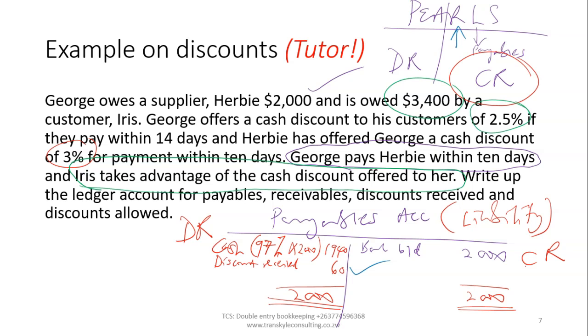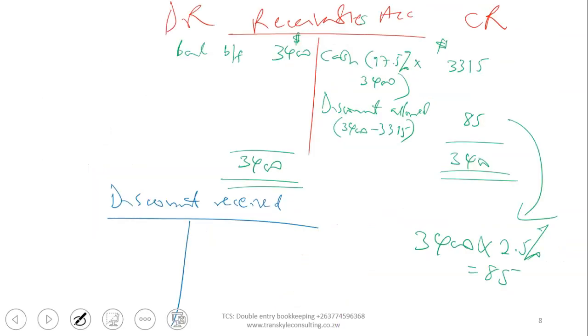So the discount received account should have its balance on this side. Okay, the $60 should appear on this side. But what is the narration? The narration is that it is emanating from a payable. So credit the discount received account with the payable of $60.